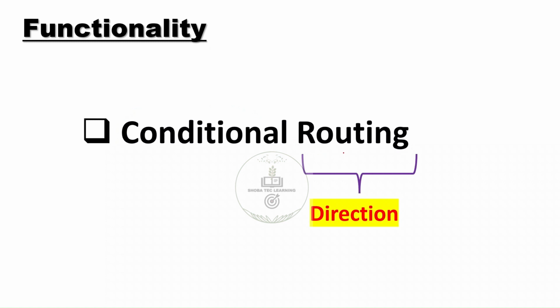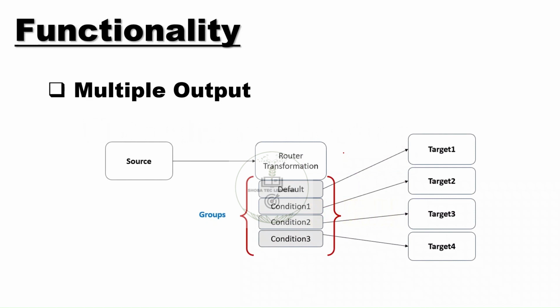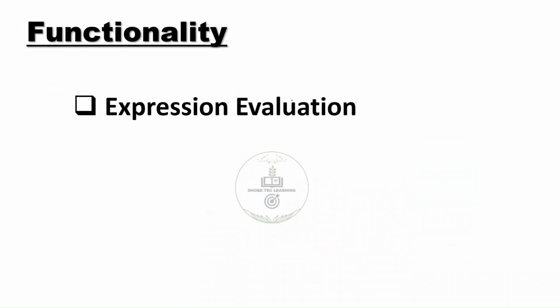The second functionality is multiple groups, that is, multiple outputs. It is called multiple output because we apply multiple conditions here, and based on that we can get multiple targets. The third functionality is expression evaluation.